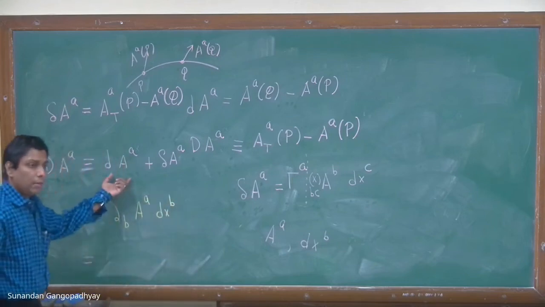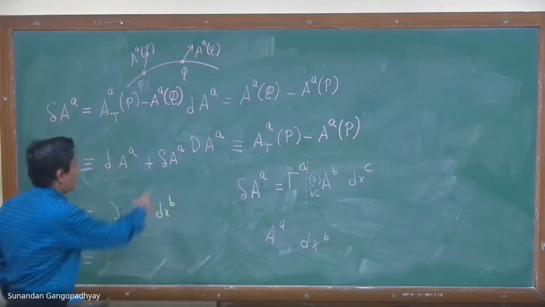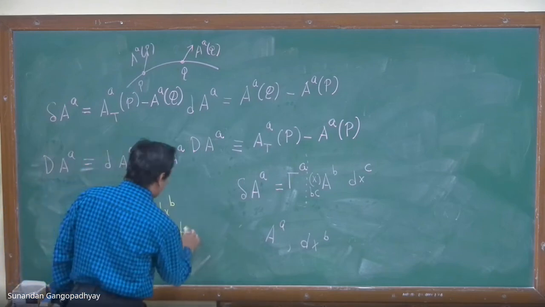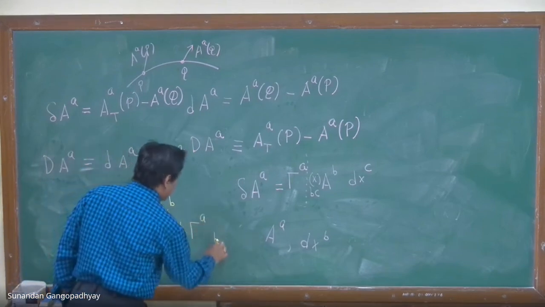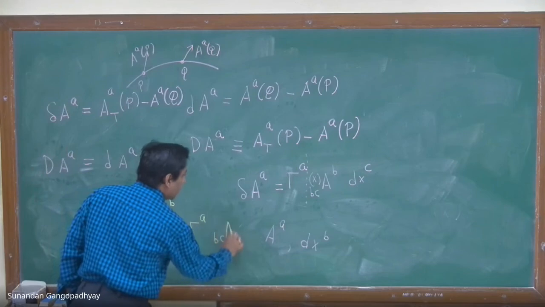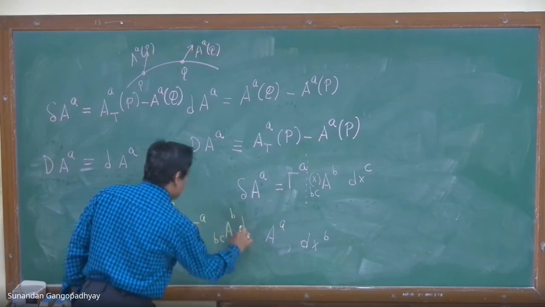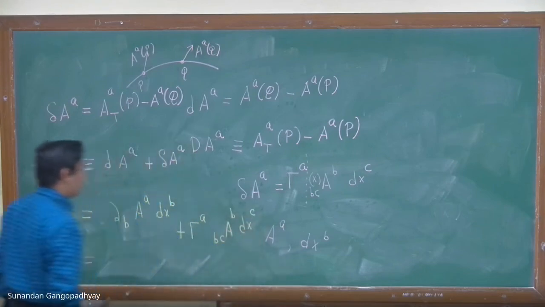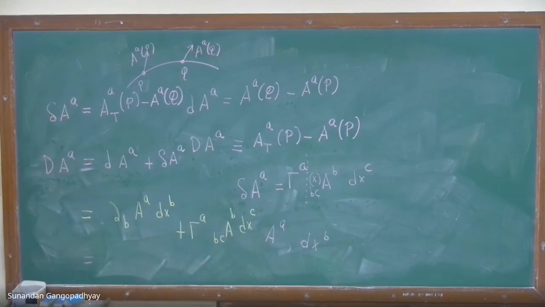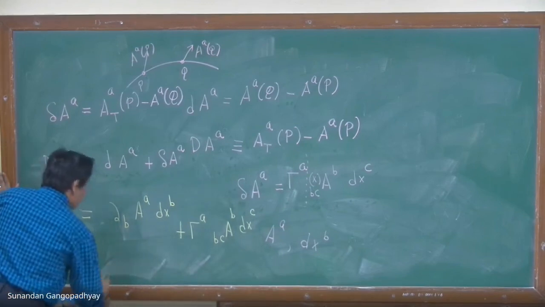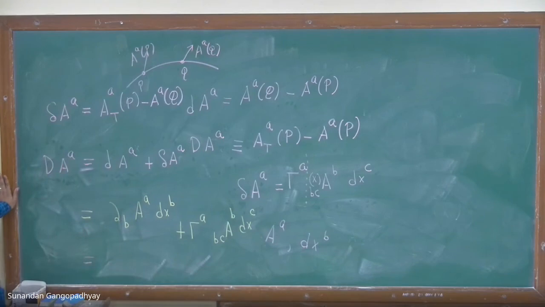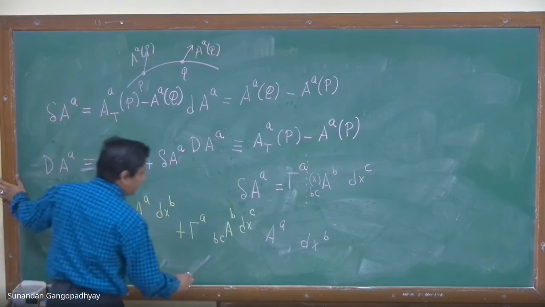That is what we calculated, this term. And what is delta AA? That is gamma ABC. And therefore, this is equal to, these are dummy indices.